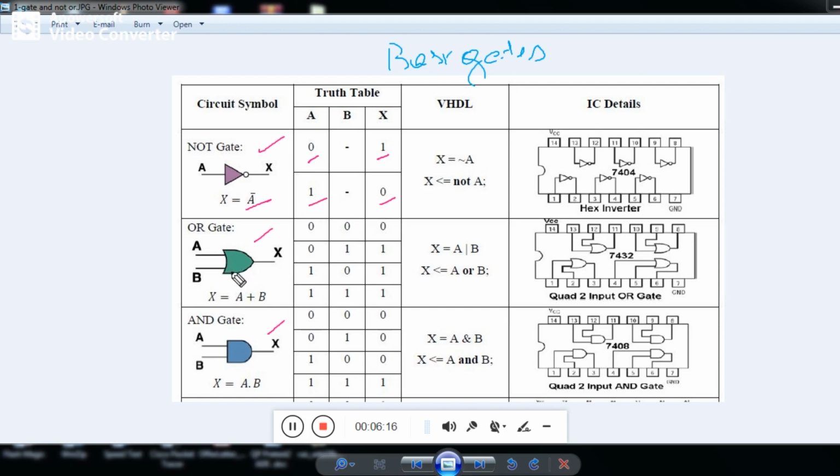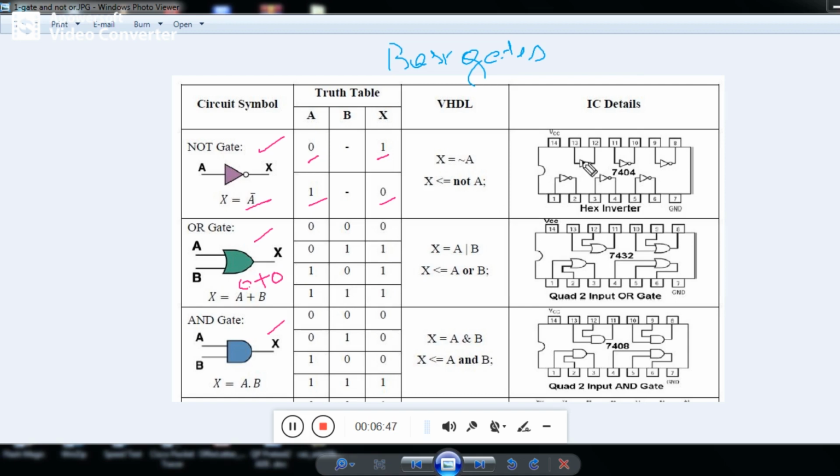But if you take the OR gate, what is the truth table? For the OR gate, the output is A plus B. This OR gate has two inputs and one output. Suppose input is 0, 0, then what is the output? You have to calculate 0 plus 0. 0 plus 0 in binary is 0. 0 plus 1 is 1. 1 plus 0 is 1.